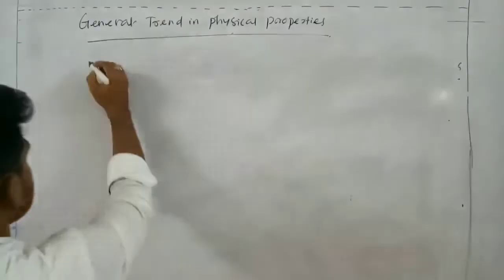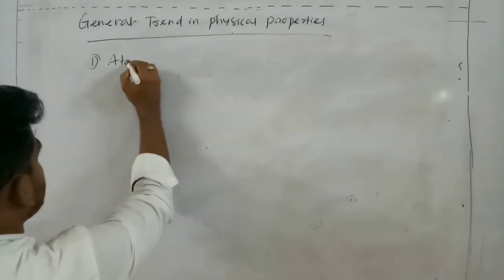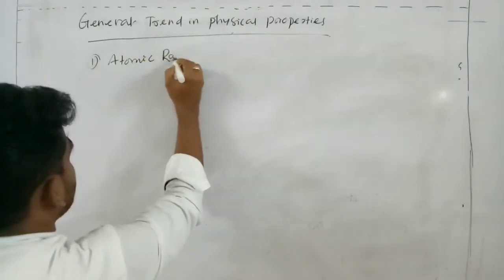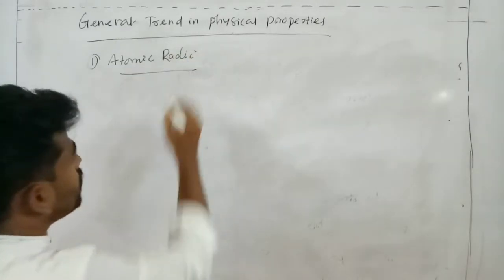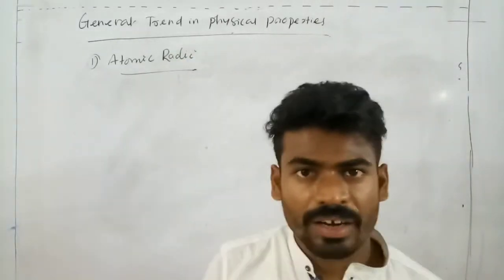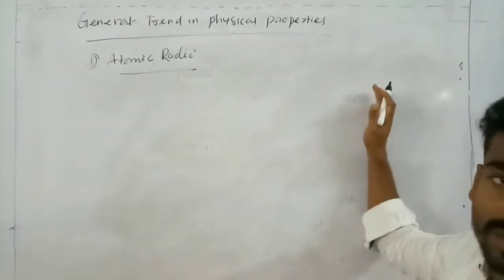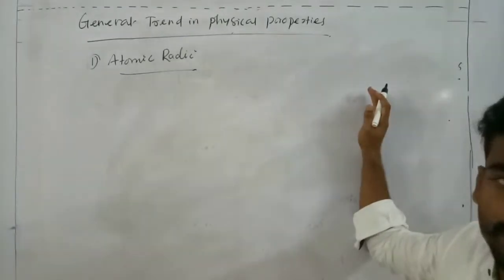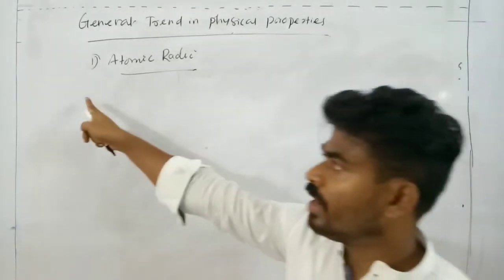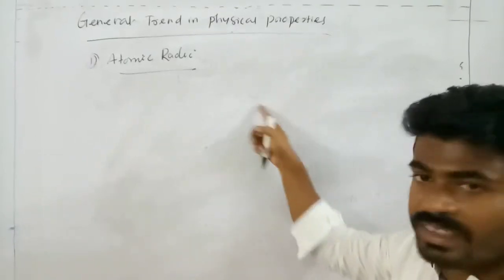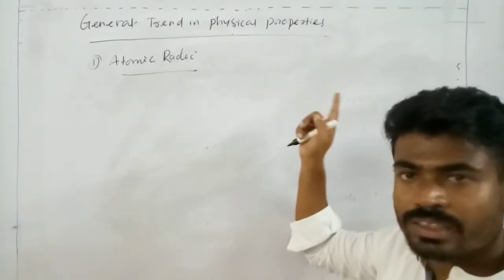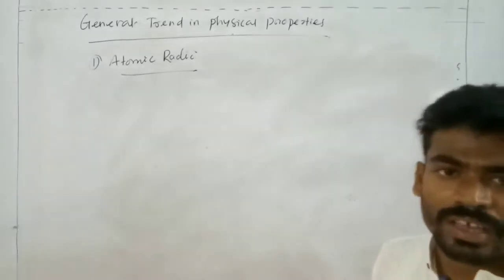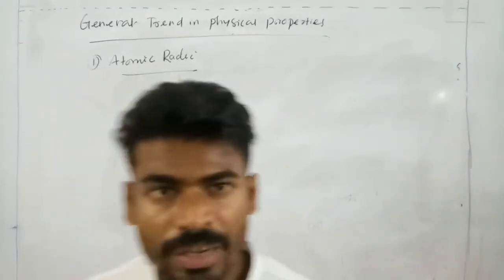The first one is atomic radius. Along a period, the last element is nothing but your noble gas. In each respective period, whenever you move from left to right, the last element of each period is nothing but your inert gases or zero group elements.